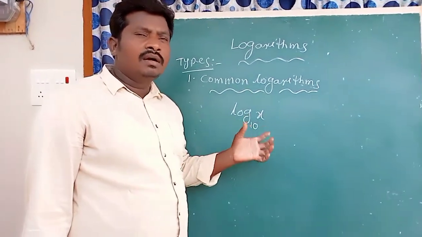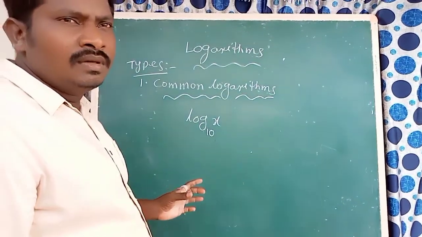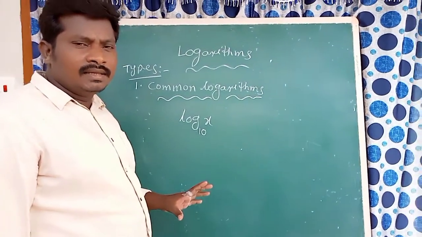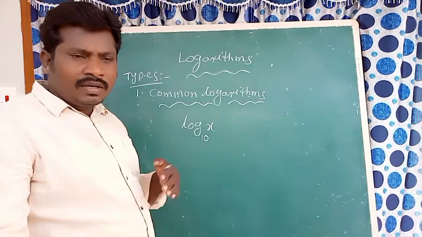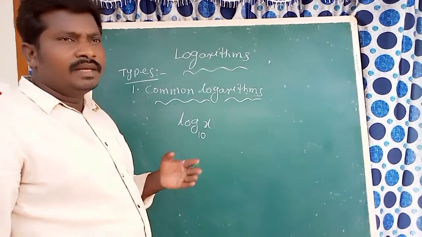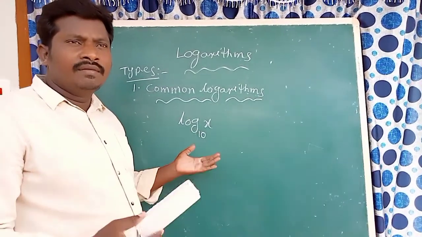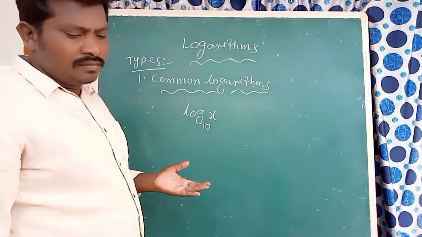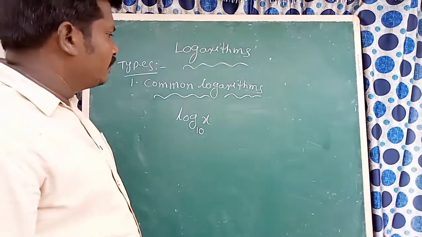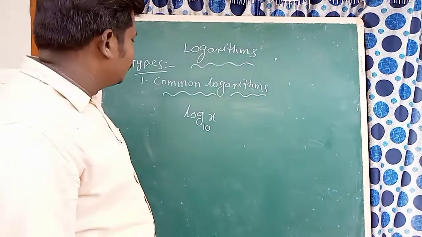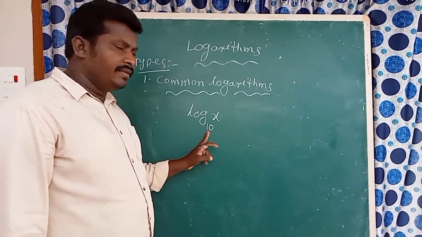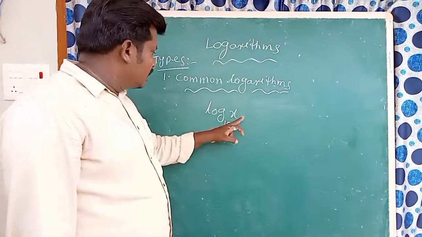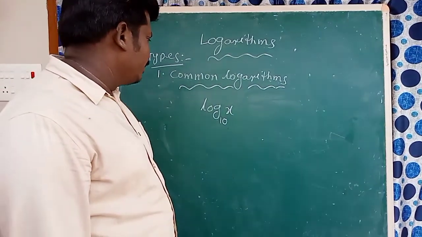If the base is not given in the problem, you can directly take the base value as 10. If you want to change the base value based on the given problem, you can take that base value. Actually, the base of the common logarithm is 10.